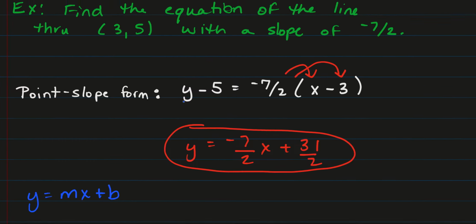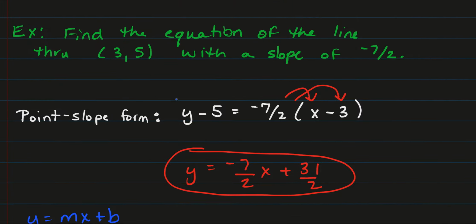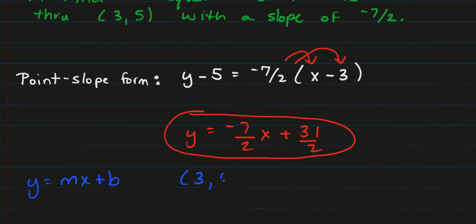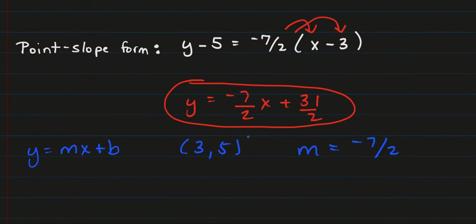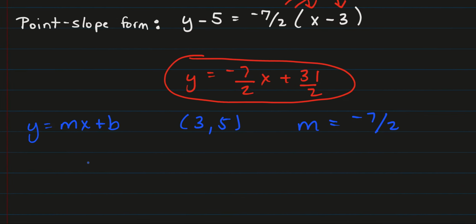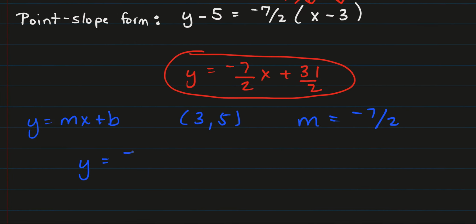We want to find the equation of the line, and it's going through the point 3, 5, and it has a slope of negative 7 over 2. So what we need to do is plug in m into this line, so y is equal to negative 7 over 2x plus b. And then we plug in 3 for x and plug in 5 for y.